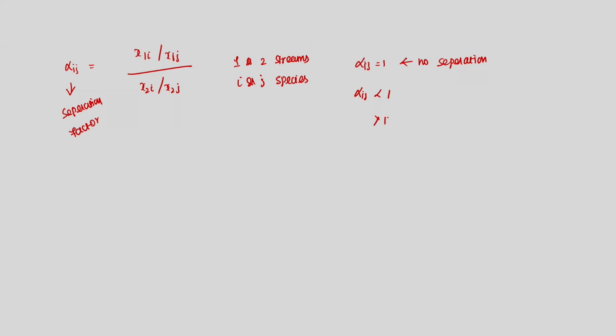If it is less than 1, stream 1 is concentrated in j and stream 2 is concentrated in i.